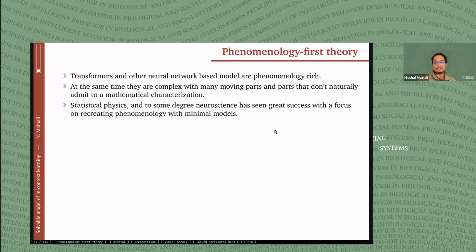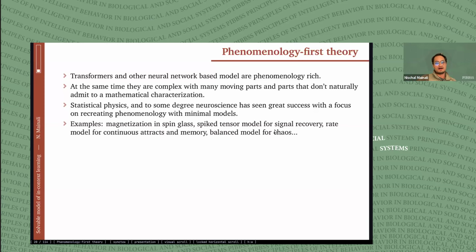And what we usually resort to doing is to recreate the phenomenology with minimal models that stay true to some elements of the underlying complex things. Some examples are like magnetization in spin glass. This is a very famous example of a very simplified theory that captures a lot of interesting phenomena in statistical physics.